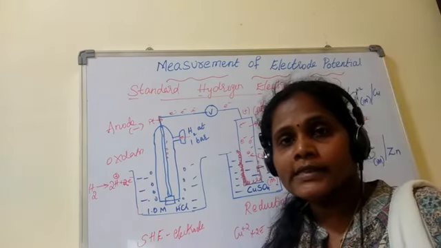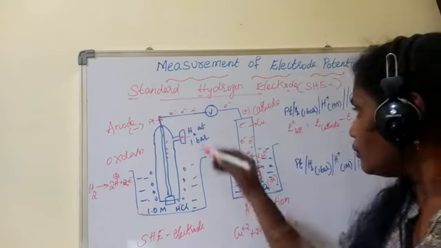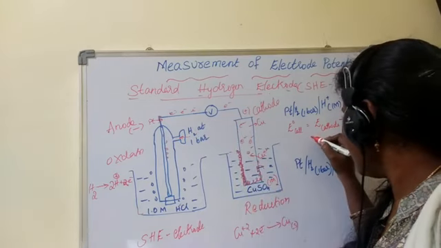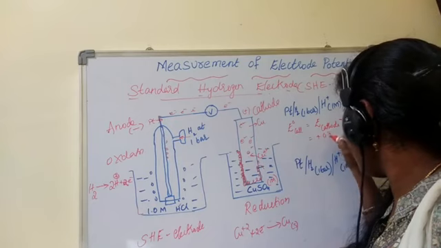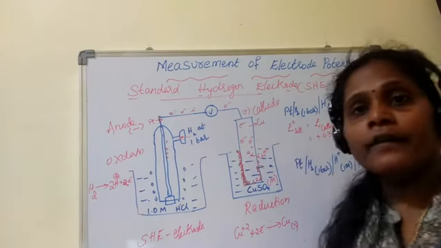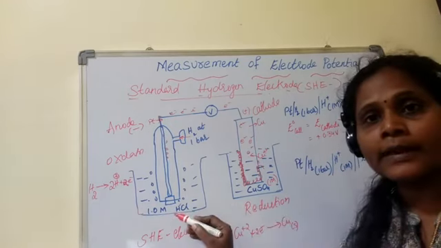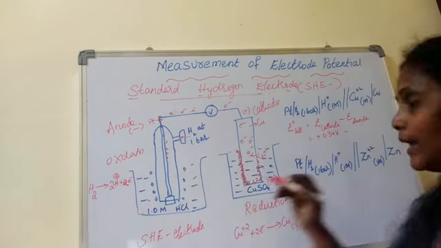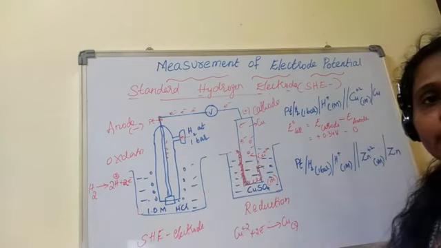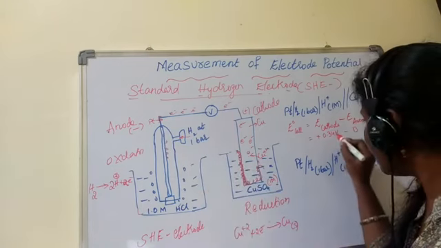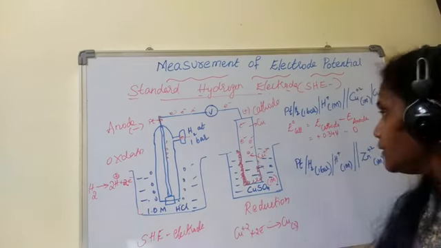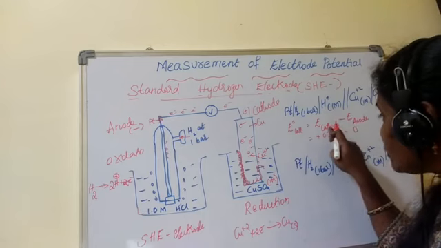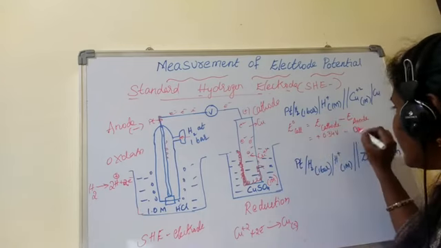So, cathode minus anode, right? So, whatever value you get here, for example, here we got plus 0.34 volt, and we know the hydrogen electrode is arbitrarily taken as 0. Therefore, whatever value you are getting will be given to the E cell. That means to the cathode only. This will become 0.